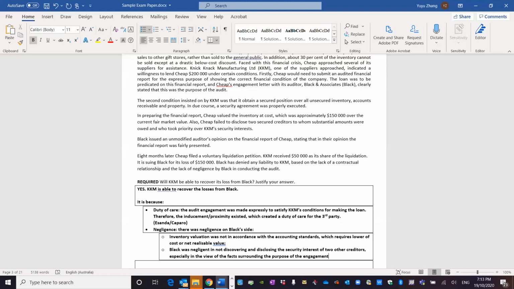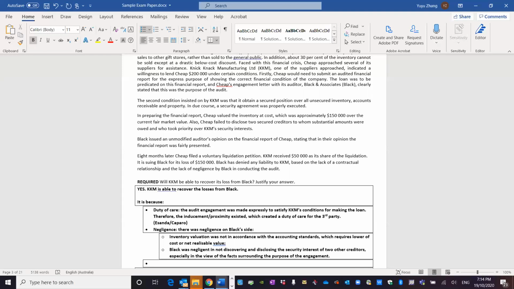The engagement is about the loan. So identifying the security interest of the creditors will be a very important objective of this engagement, right? So you have two arguments regarding the negligence.